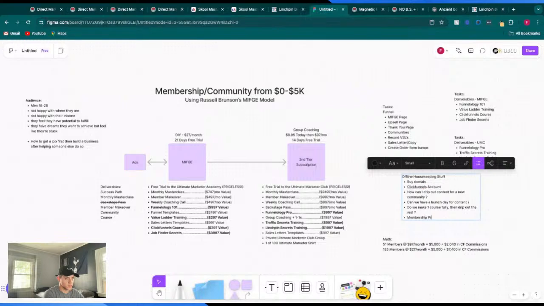Membership pricing models. Other questions that we might have. Offline housekeeping.